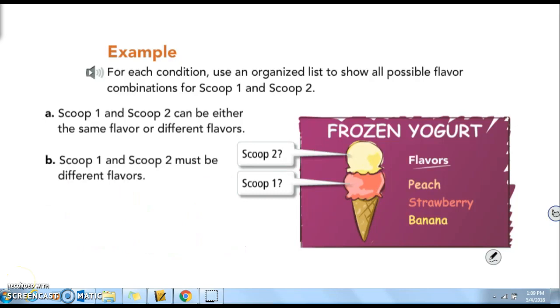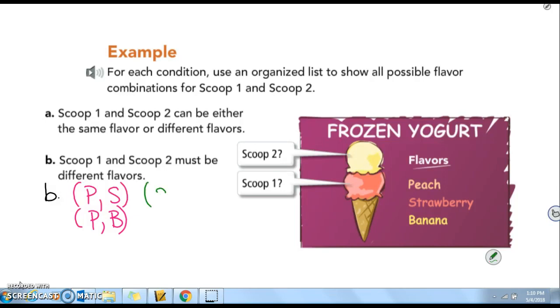For letter B, Scoop 1 and Scoop 2 must be different flavors. That means if we are solving for this one and writing our sample space, if Scoop 1 is peach, that means Scoop 2 cannot be peach. But it could be strawberry, and then we could have peach and banana.